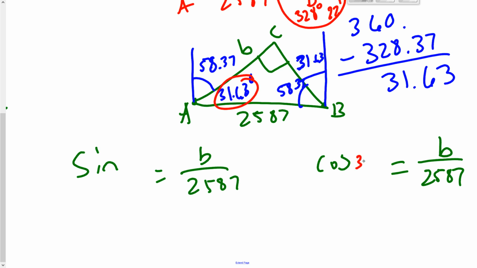And this one would be opposite, so that'd be sine of 58.37. Okay, so then we multiply both sides by 2587.